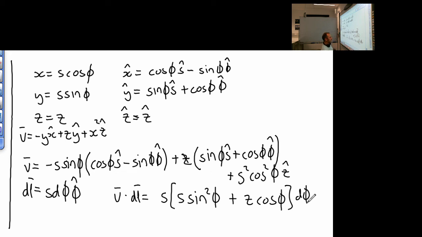Okay, so what else do we know here? Well, z is equal to 0 because we're in the xy plane. s is equal to r, which is our radius. So this means that V dot dl is going to be equal to r squared sine squared phi d phi.